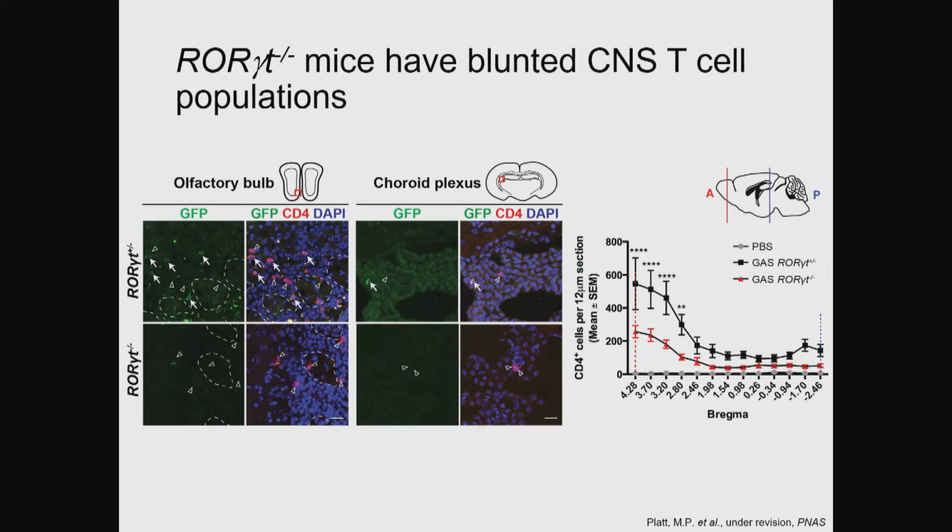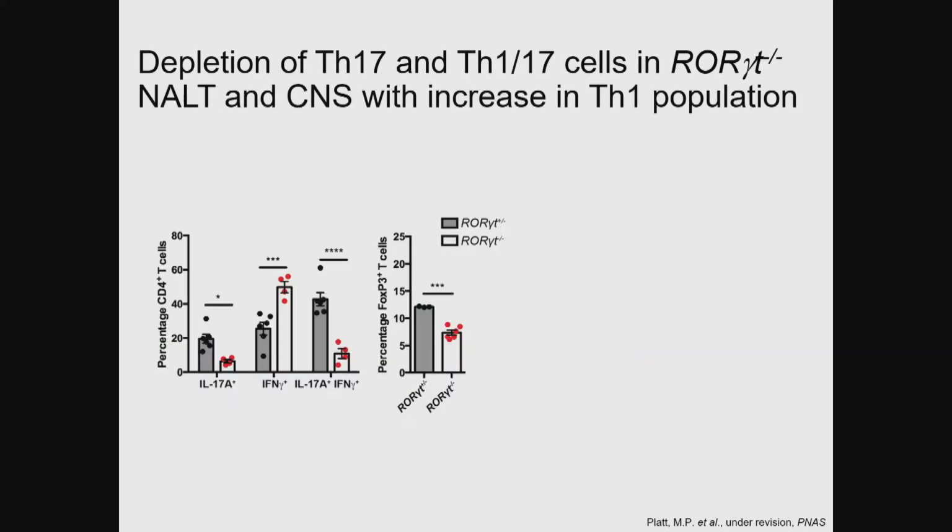And in the ROR knockouts, we see about a 50% reduction in the total number of T cells present in the brain after recurrent strep infections. But it's unclear from this data what the identity of these remaining cells are. So what I did was I typed them based on what cytokines they express. I looked at the cytokines IL-17 and IFN gamma, and then a third portion of T cells called Tregs, which are anti-inflammatory.